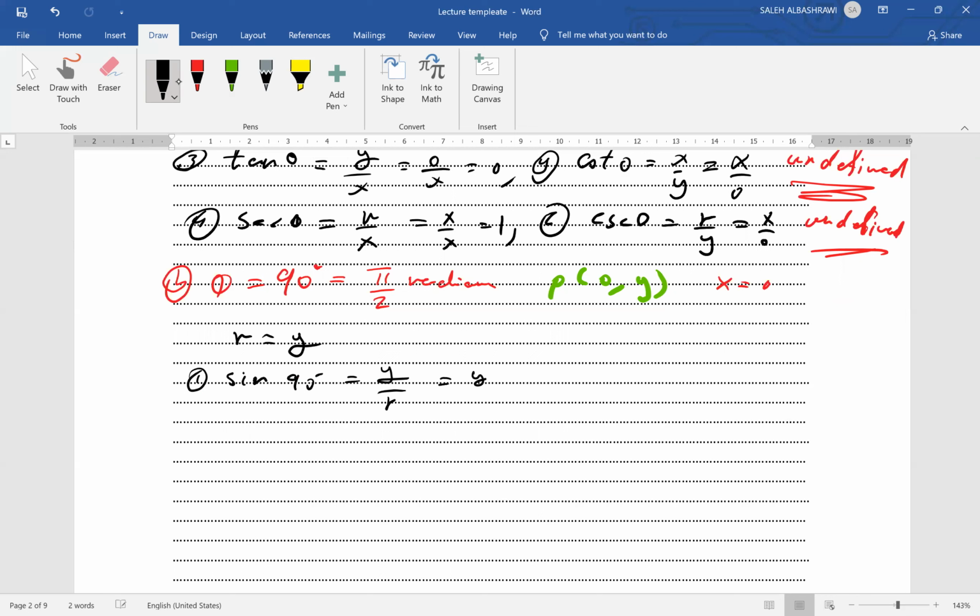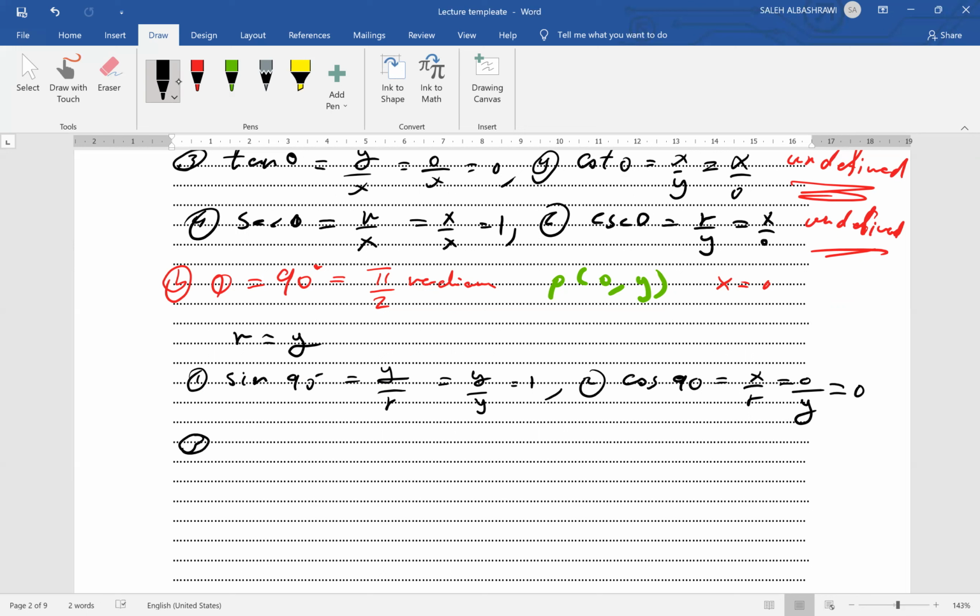That will be y over y, which is equal to 1. Number two, cosine of 90 is equal to x over r, but x equal to 0. So cosine of 90 is equal to 0.